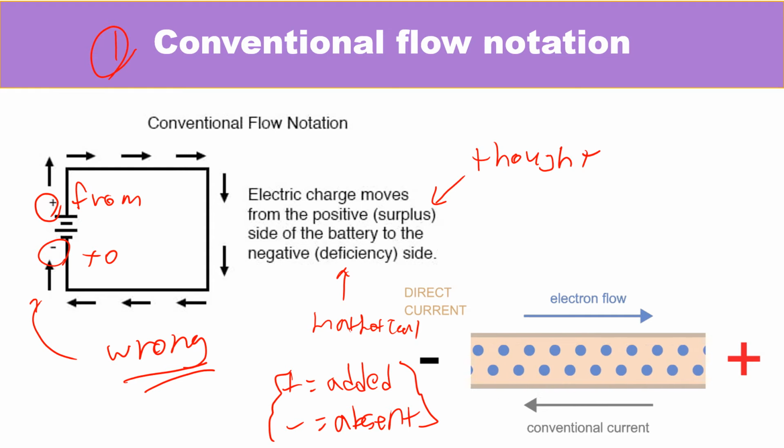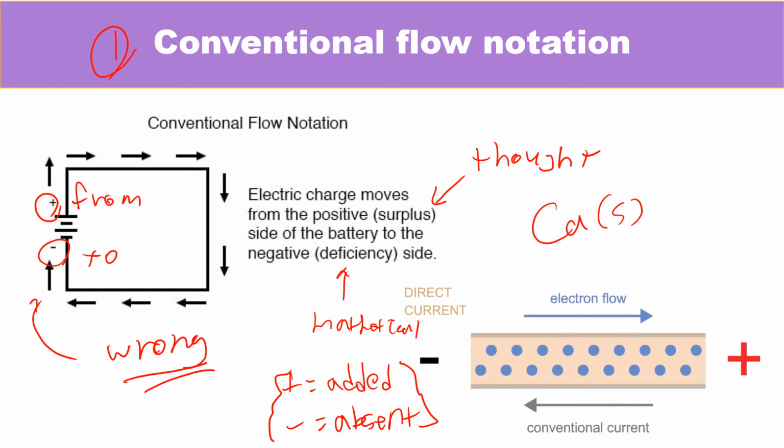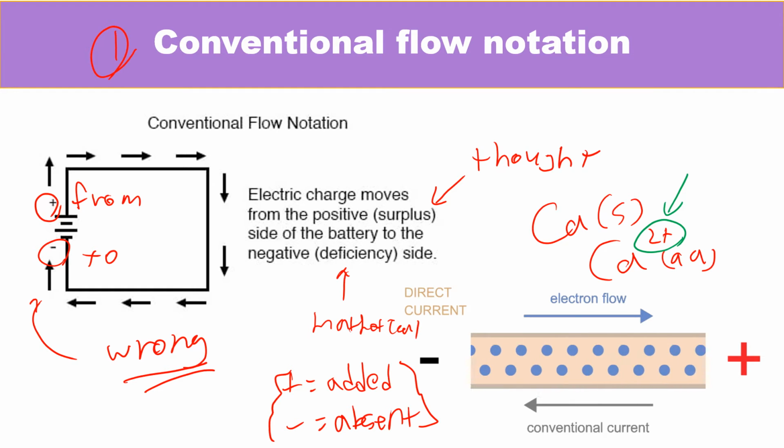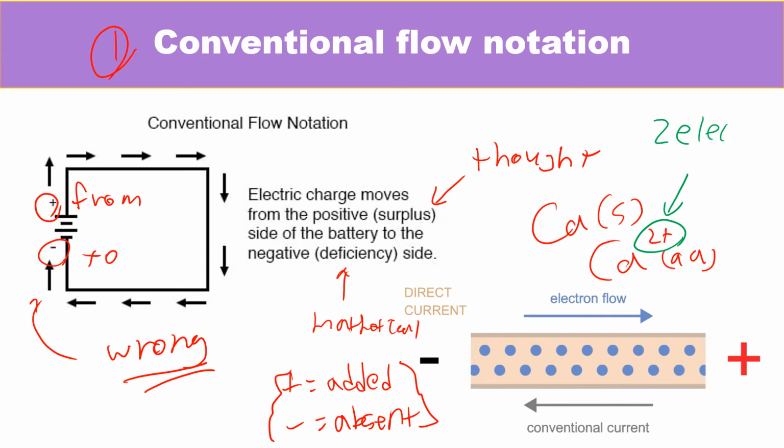But let's think about our unit B. Is a negative charge ion actually absent of electrons? Not really. If you think about, let's say, a calcium atom, it can turn into a calcium ion with 2 positive charges. If you think about this 2 positive notation from our previous unit, that's a fancy way of saying 2 electrons are absent.